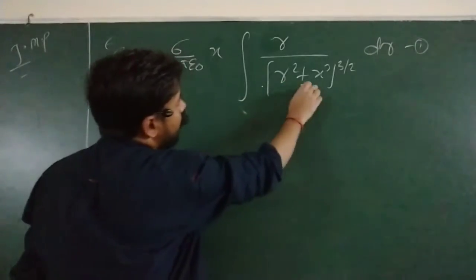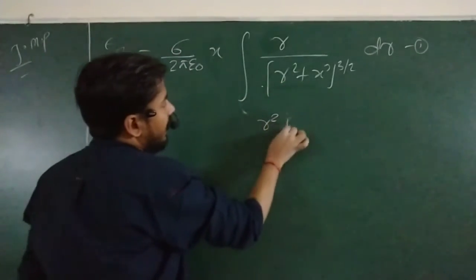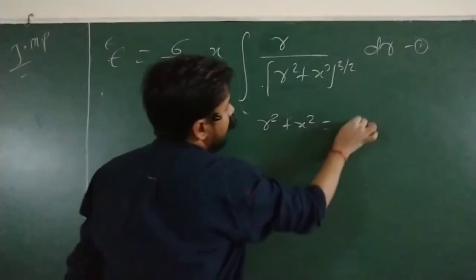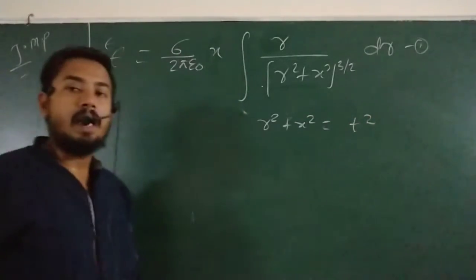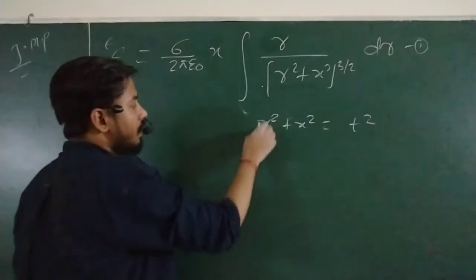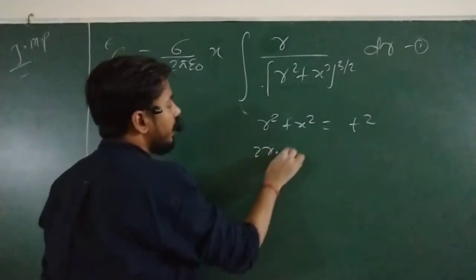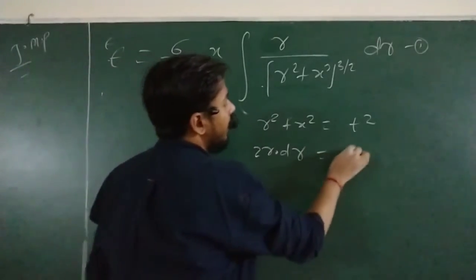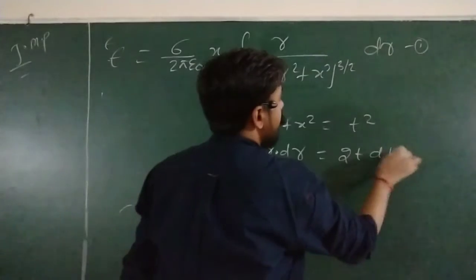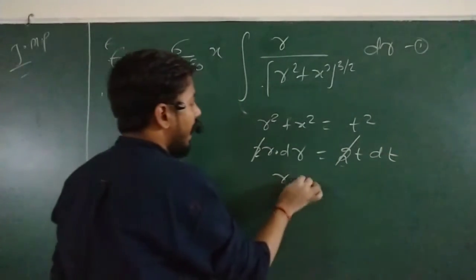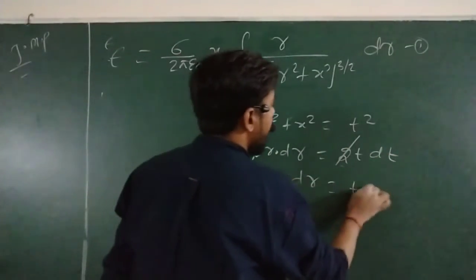Assume x square plus r square is equal to t square. Differentiating, 2r dr, and the constant x square gives 0, equals 2t dt. So r dr will be t dt.